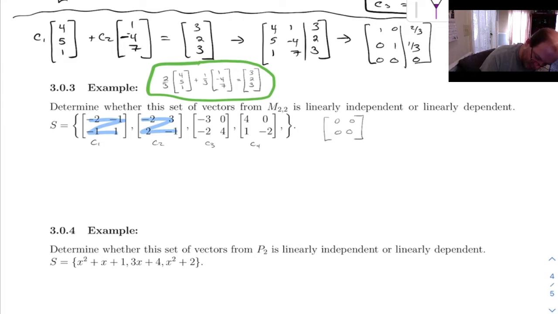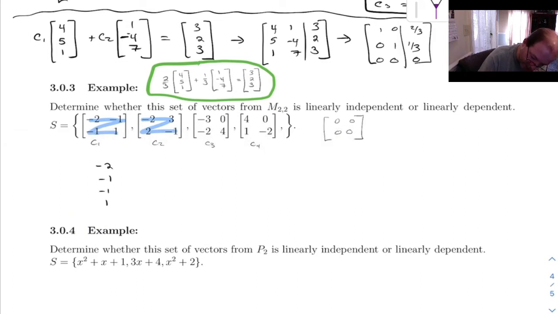And so this first one, for my C1 column, I'm going to get -2, -1, -1, 1. I'm going to move this up a little bit. So I get that.